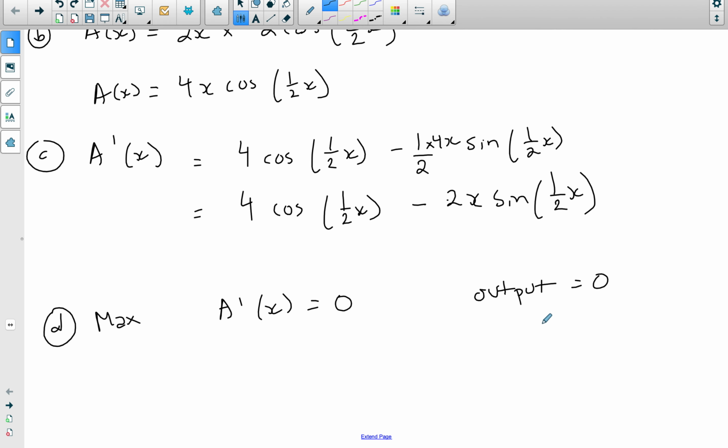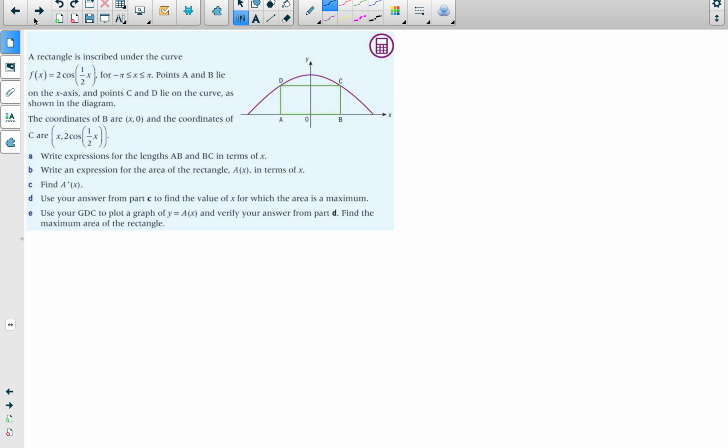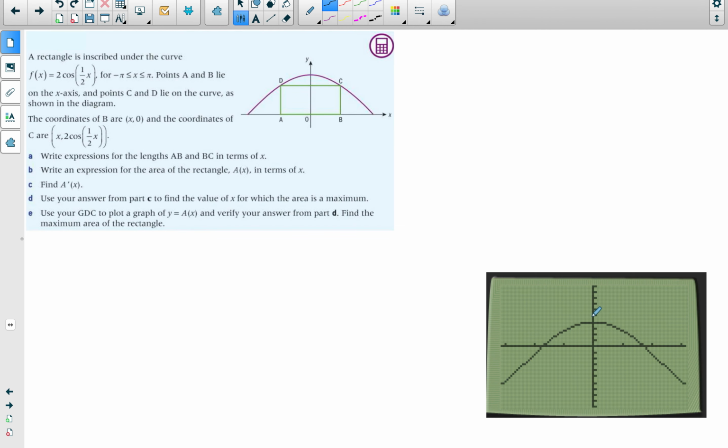In a normal situation, if it's a non-calculator paper, you would want to do this algebraically, but because this is a more complex sine cosine problem, this is the graph of the derivative, and we want to know when the derivative is equal to 0.